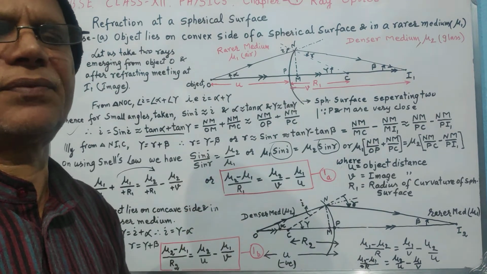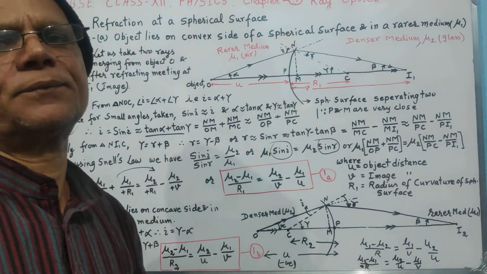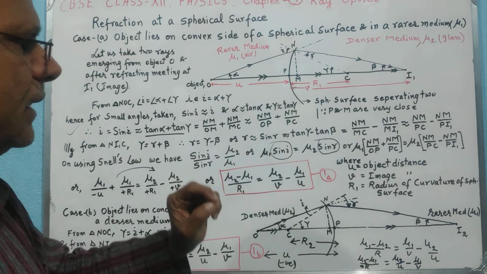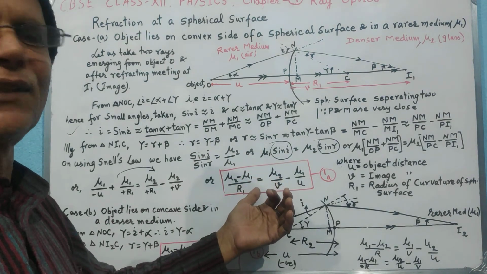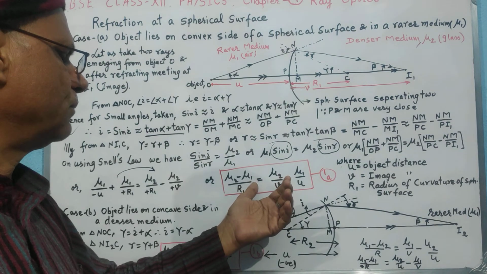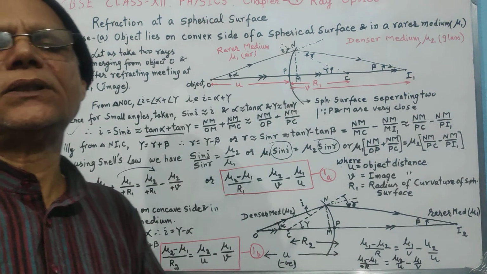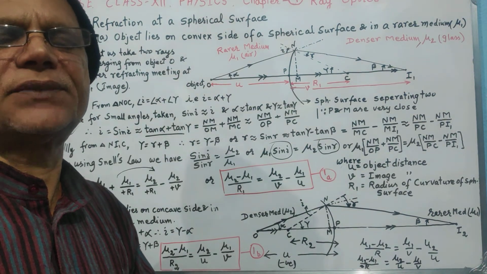There could be 8 cases, and we have reduced these to 2 cases, and that further reduced by our memorizing technique into 1 case. So this is all about the refraction formula at a spherical surface.